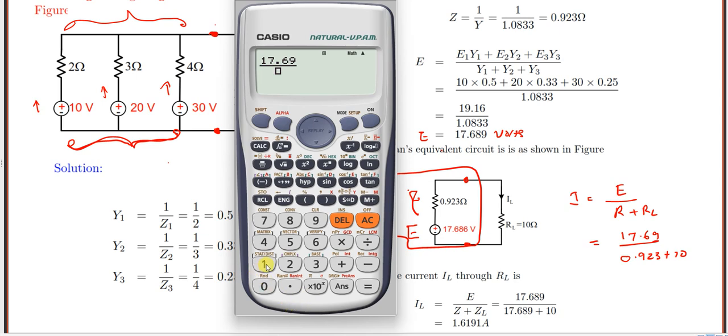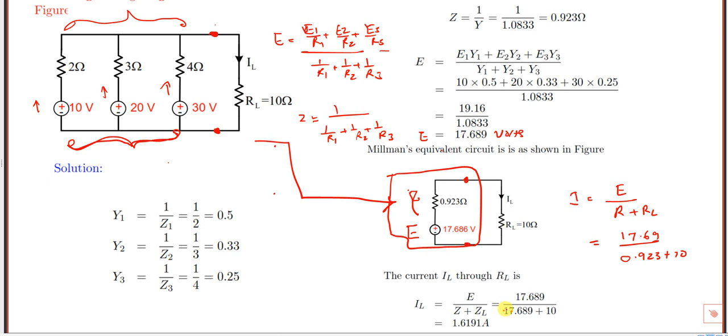You can write Z is how much? This R value is 0.923, 0.923 plus 10. Here it is wrong, so this you have to convert. This is 0.923.